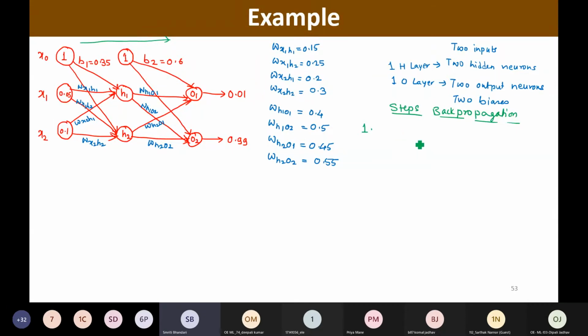So first step should be forward propagation. The second step is backward propagation.